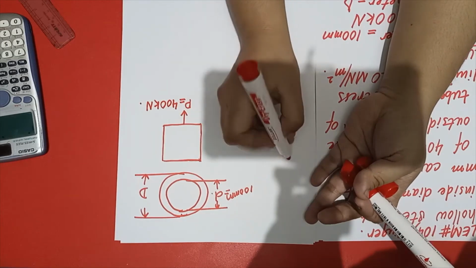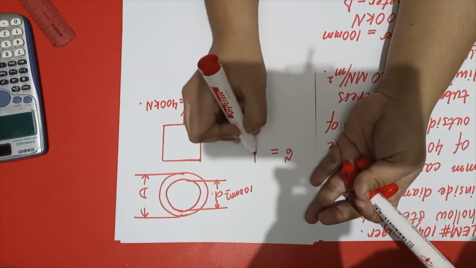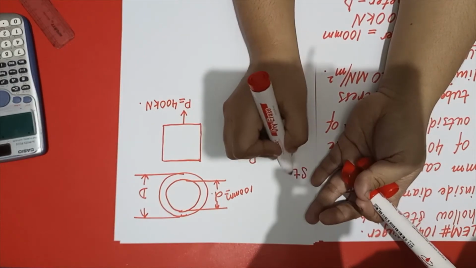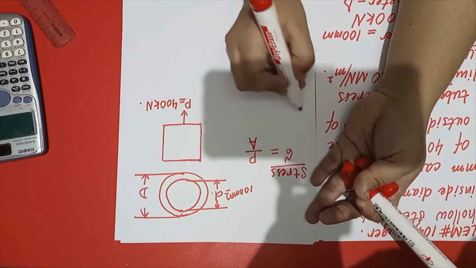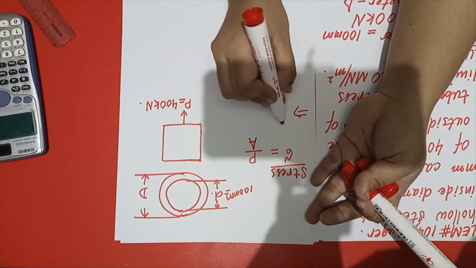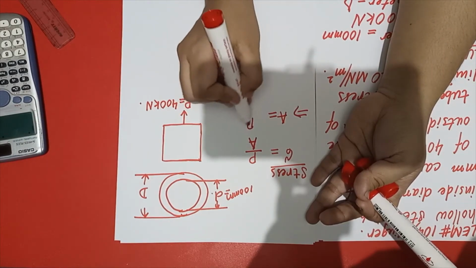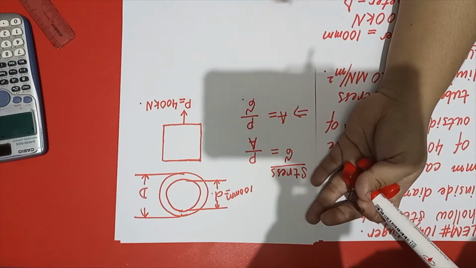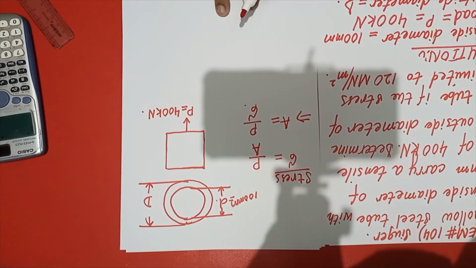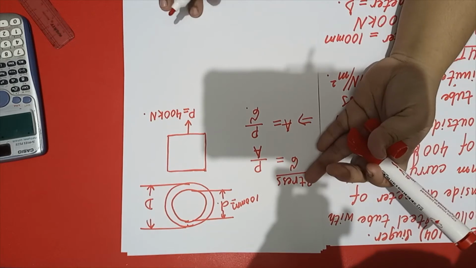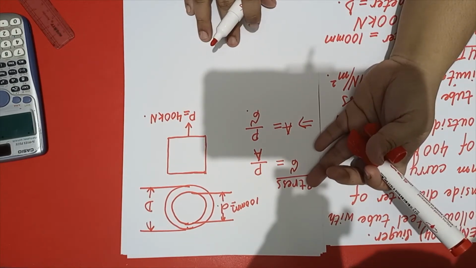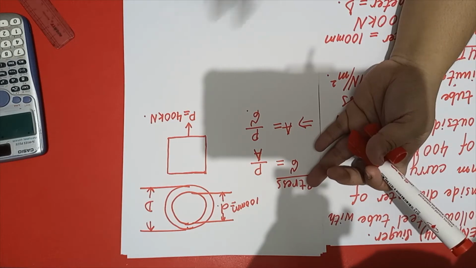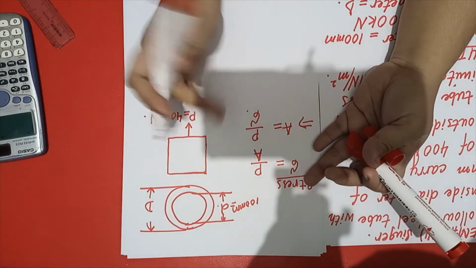First of all, you know the formula for stress is equal to P over A. If you have to find the value of A, it will be P upon stress. First we have to find the area.